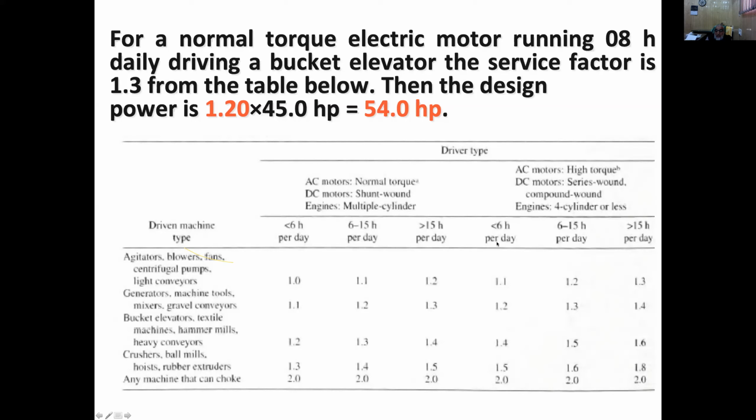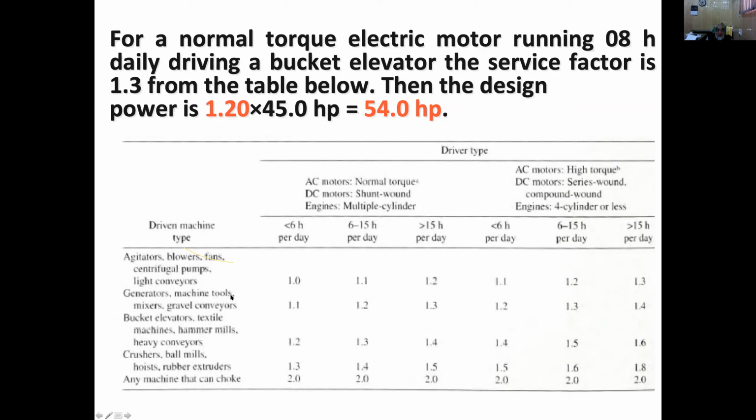And here you can see how much time this machine has to run. So your machine is the machine tool, which is in the first column, and in the second row you are seeing this. So you have to run the machine, which is a machine tool.